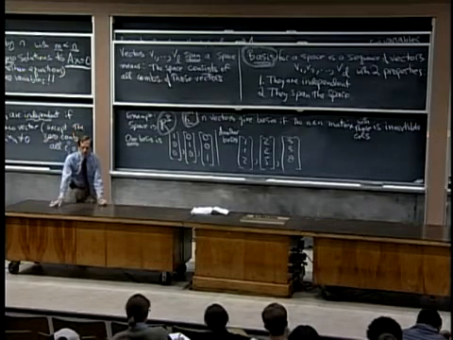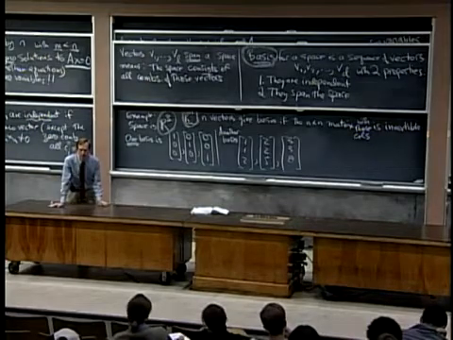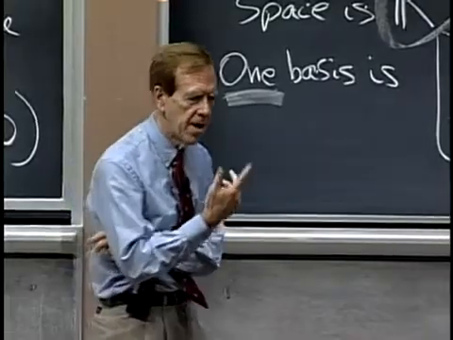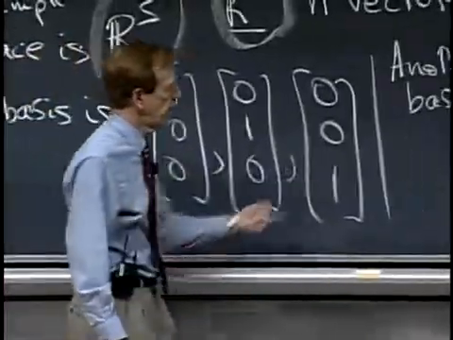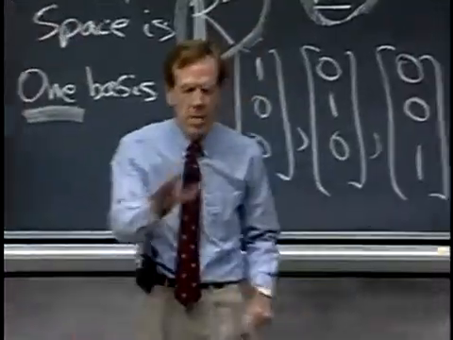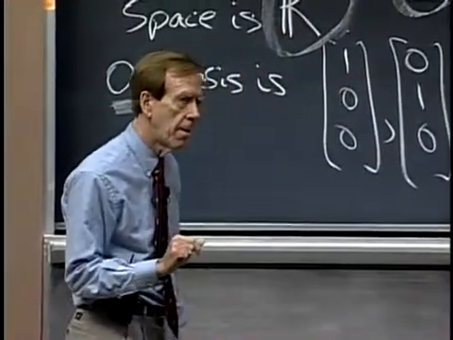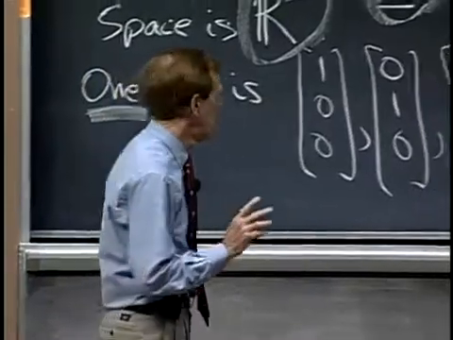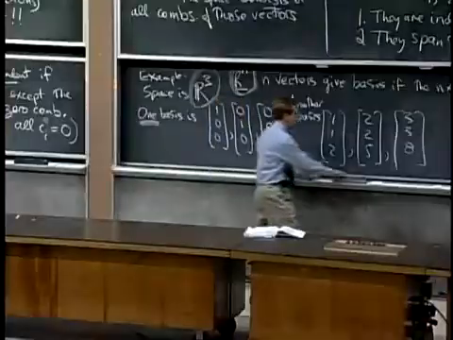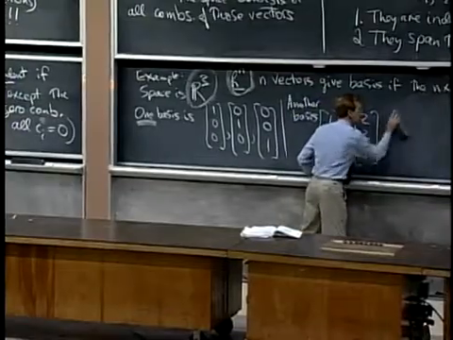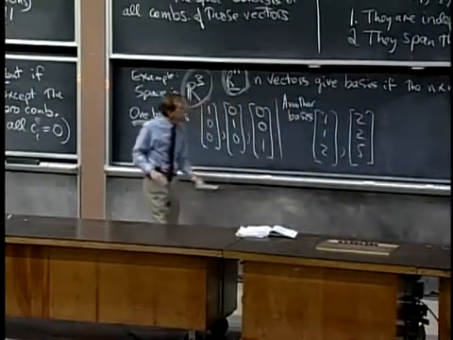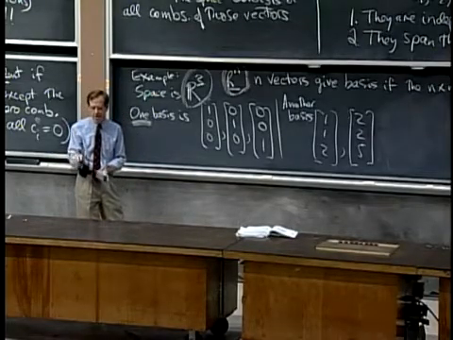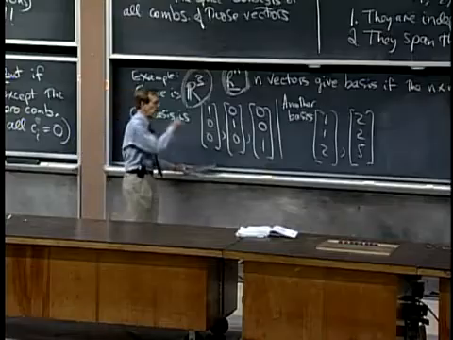But there is something in common for all those bases. There's something that this basis shares with that basis and every other basis for R3. And what's that? Well, you saw it coming, because when I stopped here and asked if that was a basis for R3, you said no. And I know that you said no because you knew there weren't enough vectors there.